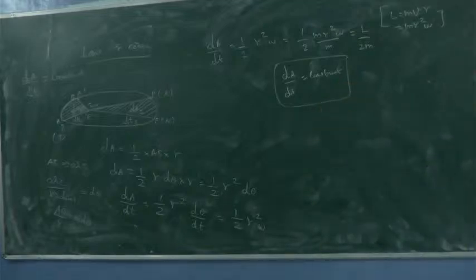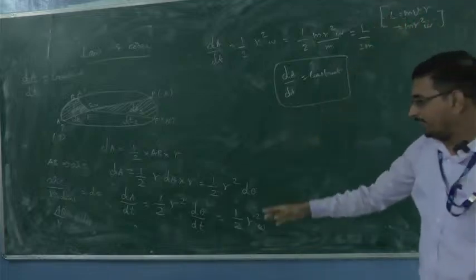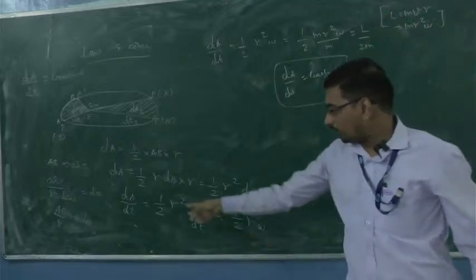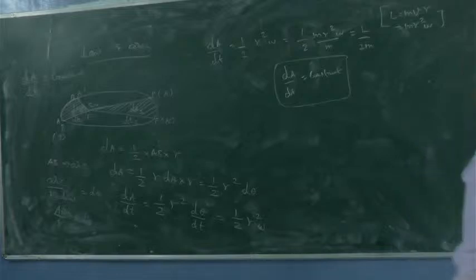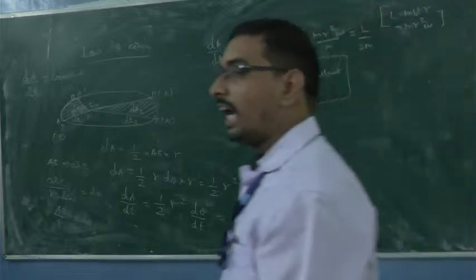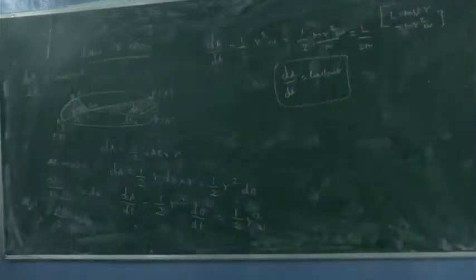Tell me the equation for dA by dt. The last expression: dA by dt equals L by 2m. Another equation: dA by dt is equal to half R square omega. These two formulas will be used in numericals. What is L? Angular momentum of the planet. M is the mass of the planet, not the mass of the sun.